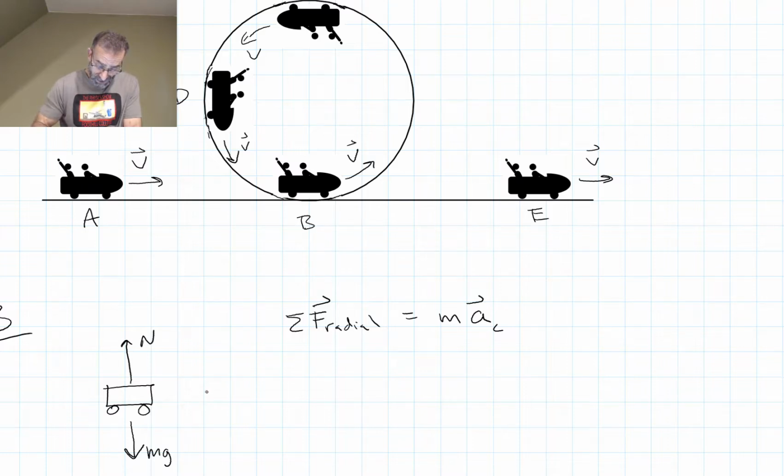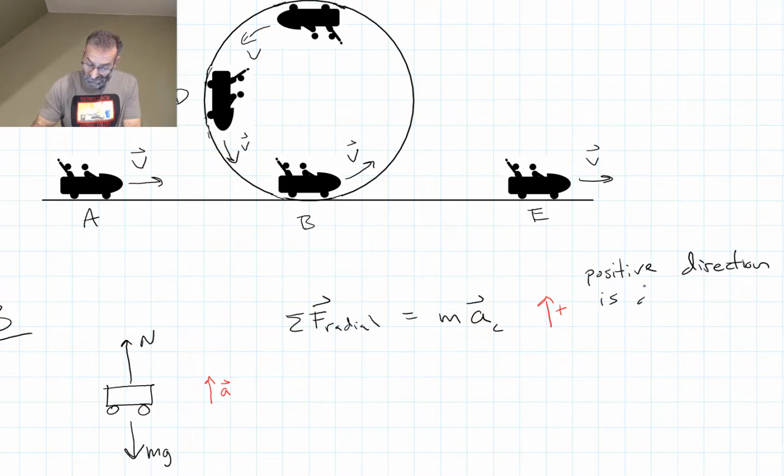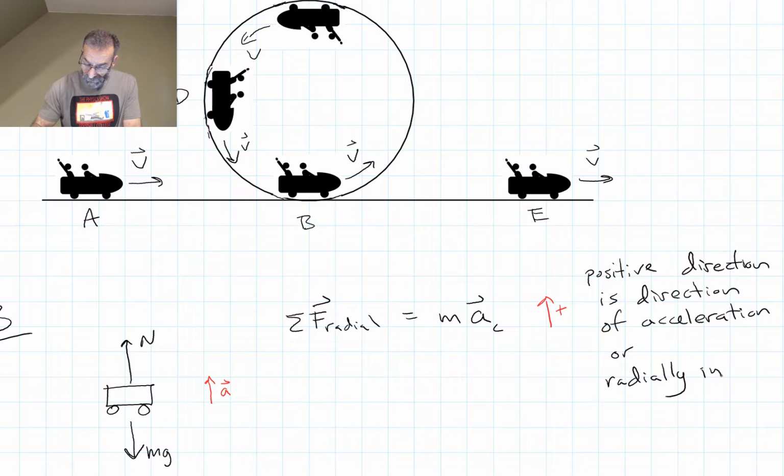If I indicate the direction of the acceleration here, that's the direction I want to be positive. Radially inward, toward the center of the circle, in the direction of the acceleration.